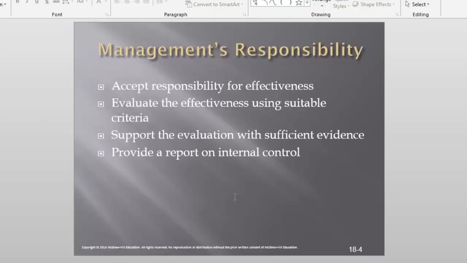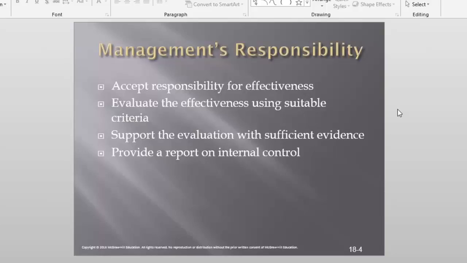Management responsibility is to acknowledge the responsibility for the effectiveness of controls, to evaluate the effectiveness, to support the effectiveness with sufficient evidence, and to provide a report.